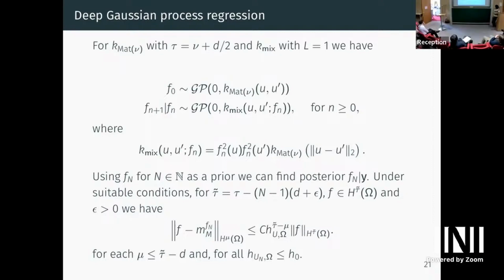The convergence depends on the kernel you pick, because every time you take a sample from the Gaussian process with the kernel, the sample has slightly less regularity. So every time you take a sample, the regularity decreases. It depends on the number of layers that you have and on the regularity of your kernel at the beginning. So we get similar convergence.